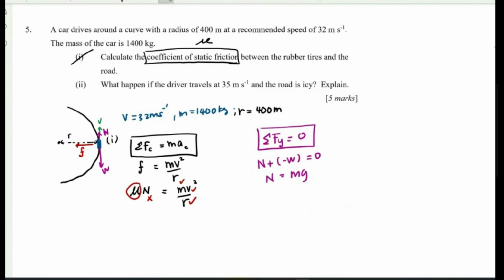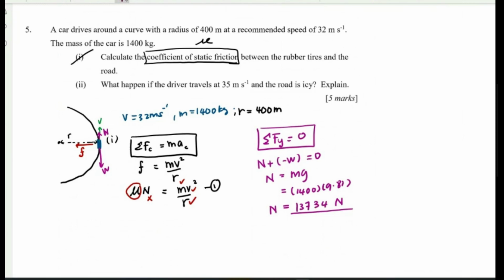So if this is equation number 1, normal force you can calculate straightly lah. 1400 times 9.81. Berapa normal force awak kat sini? Kita kira siap-siap, sebab soalan dah bagi mass. 13734.